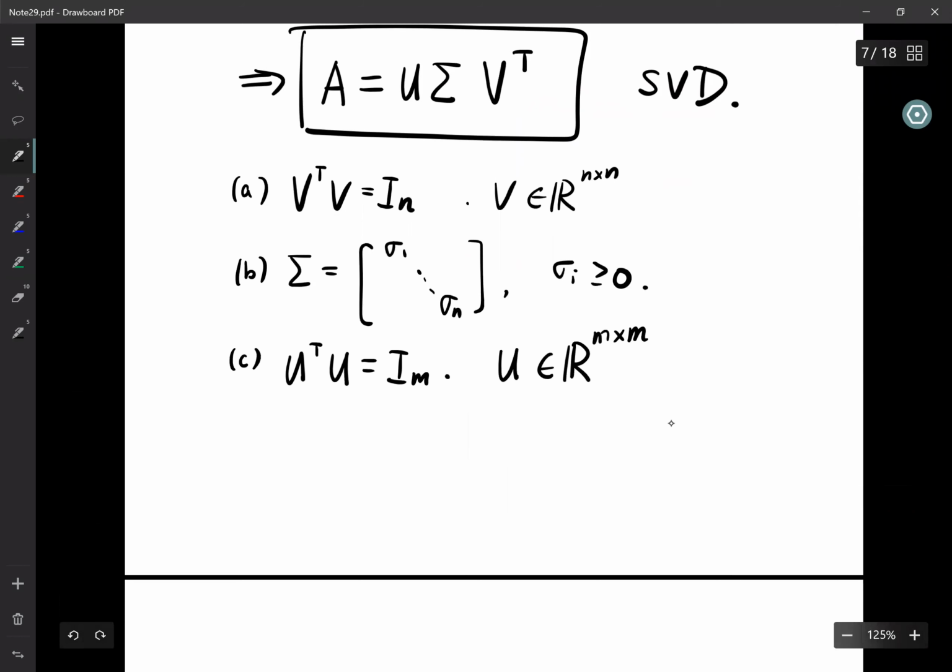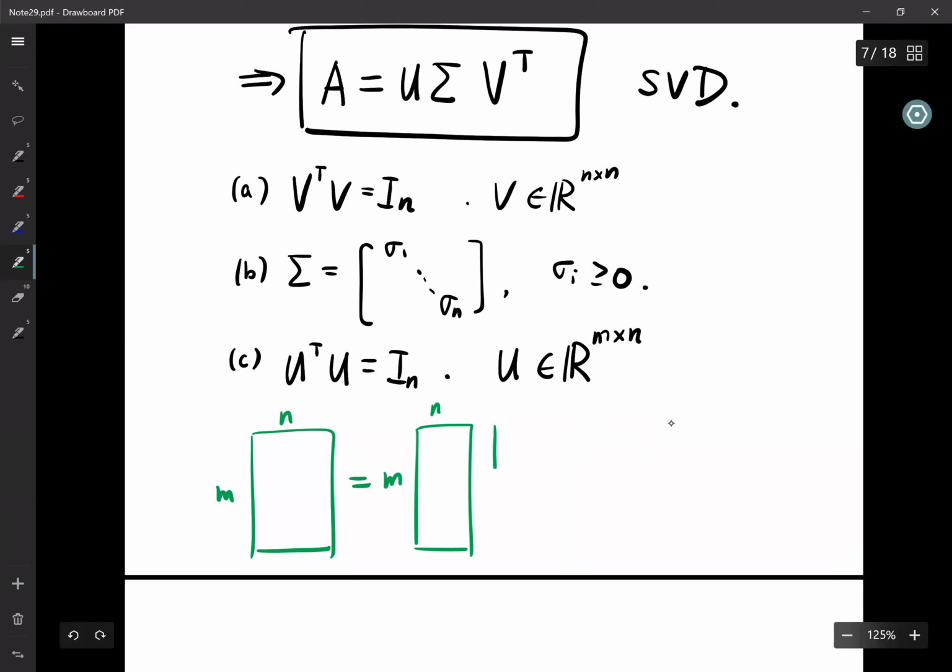So this means I have an m by n matrix. This is equal to, I have, sorry, U has orthogonal columns. So this one is m by n.